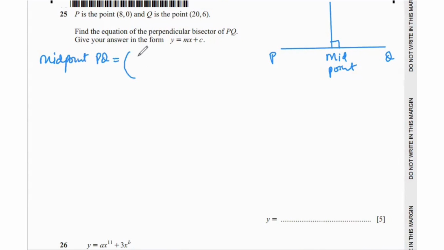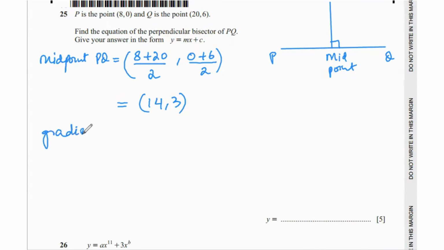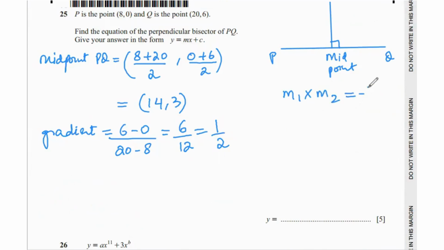So we add the x values of P and Q and divide the result by 2. And then we add the y values of P and Q and divide the result by 2. So that's going to be 14 and 3 over here. Then you find the gradient of PQ. Gradient of PQ is going to be 6 minus 0 over 20 minus 8. So that gives us 6 over 12, which becomes 1 over 2. Now, whenever two lines are perpendicular, the product of their gradients always equals negative 1.